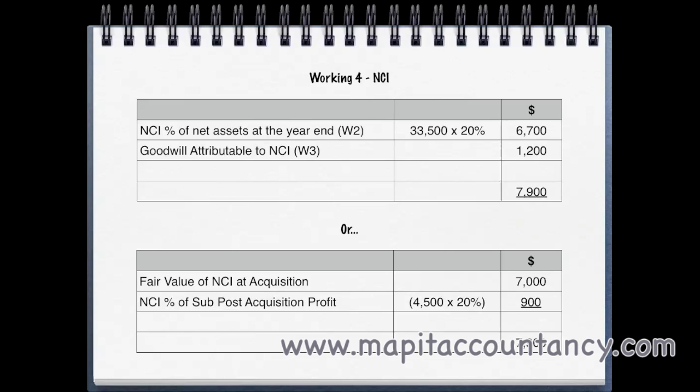Looking at the second working, the fair value of the NCI at acquisition includes the net assets at acquisition plus the goodwill attributable to the NCI. They're both within that 7,000. We just haven't included the subsidiary's post-acquisition profit, so that's why we add on the NCI share of that. So they're both two ways of doing exactly the same thing, but do be aware of both methods, because depending on the information that you're given, you may have to use one or the other.